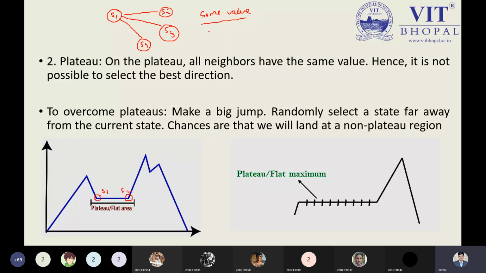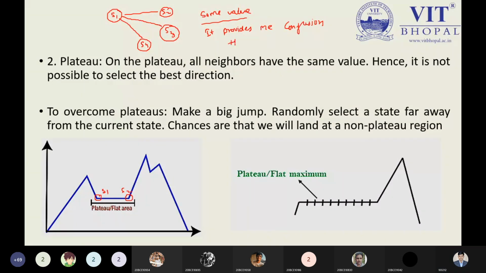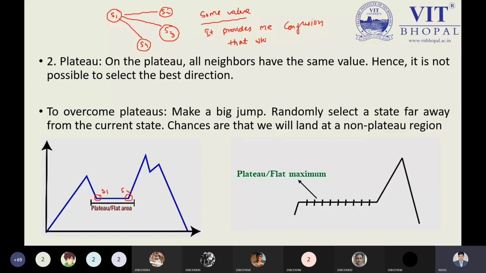So this could be another problem when following a plateau or flat local minimum. It provides me confusion about which state I must choose.